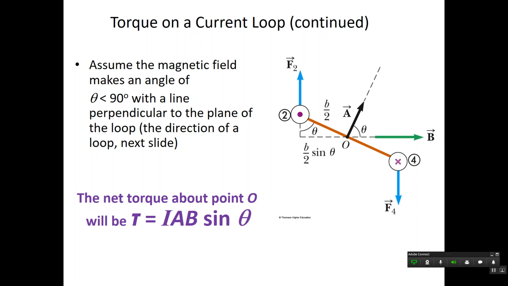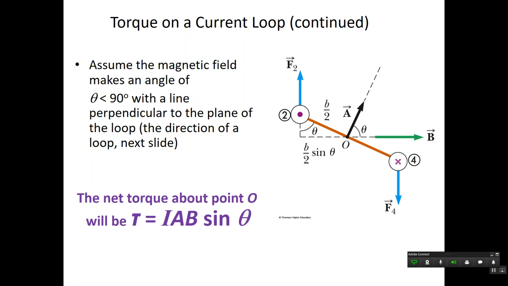Use your right hand, let me know. What about the force there? Downward. So it's going to rotate. And let's say it rotates all the way to here. What's going to be the torque when this loop totally turns around?